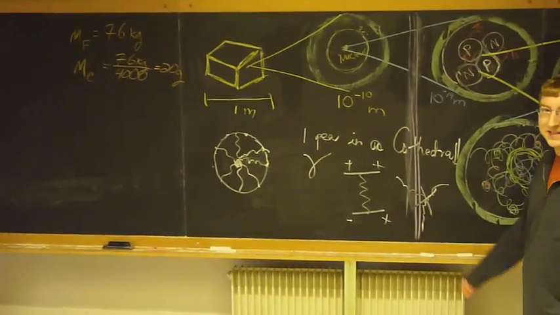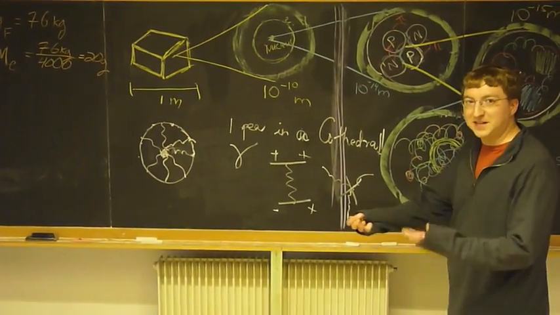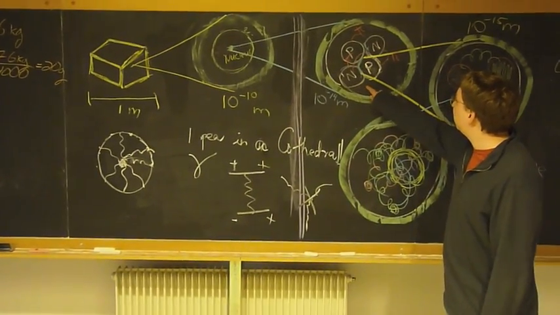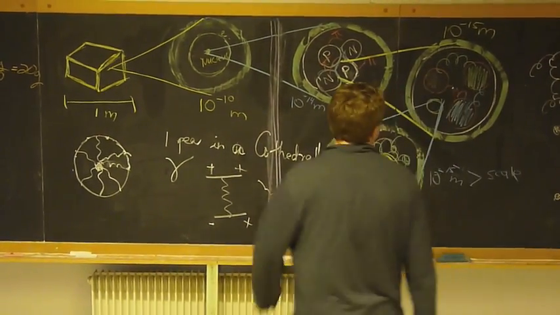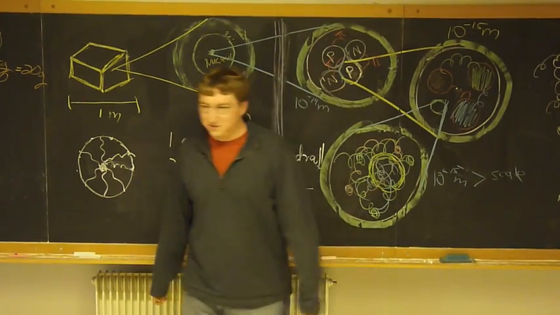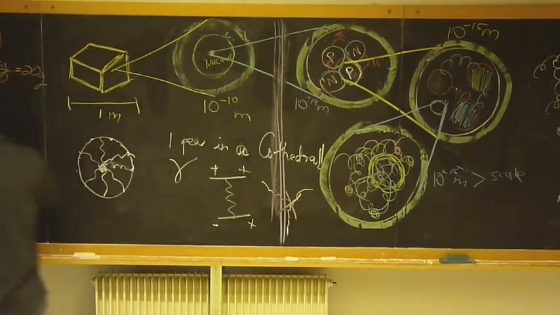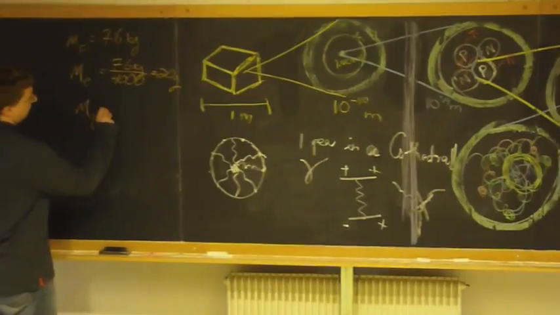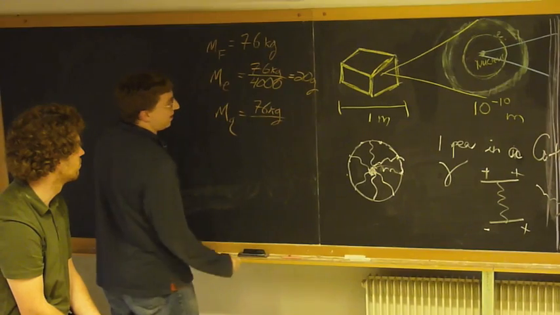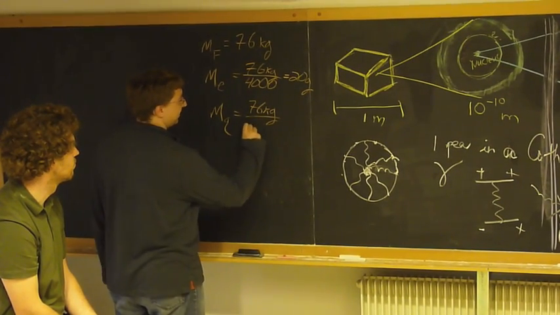Well, we know the nucleus isn't just a constituent piece. It's not a basic piece of the universe. We have our protons and neutrons. But we know there are things even smaller than that, so are quarks. Well, what's the mass of Frederick's quarks? Well, his 76 kilograms, that's about 1 part in roughly 2,000.